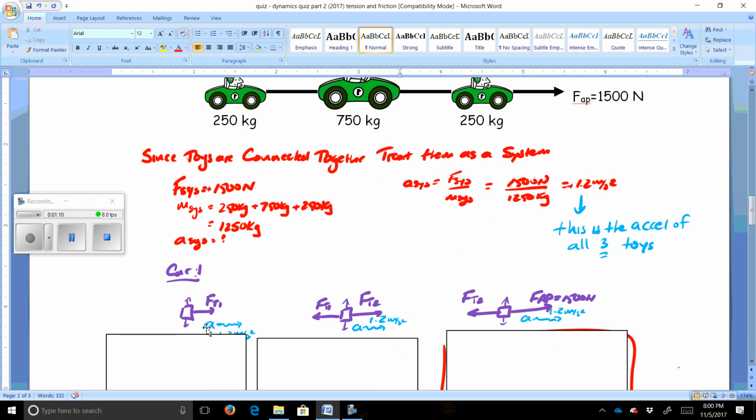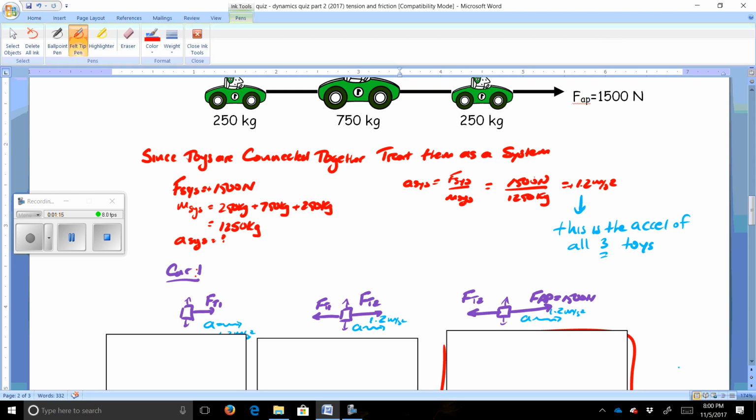So the first vehicle, what we know is the following. It has a mass of 250 kilograms. I know it's going to be pulled by a tension force here. There's no friction, so there's no force behind here. And I know that the acceleration is 1.2 meters per second squared.